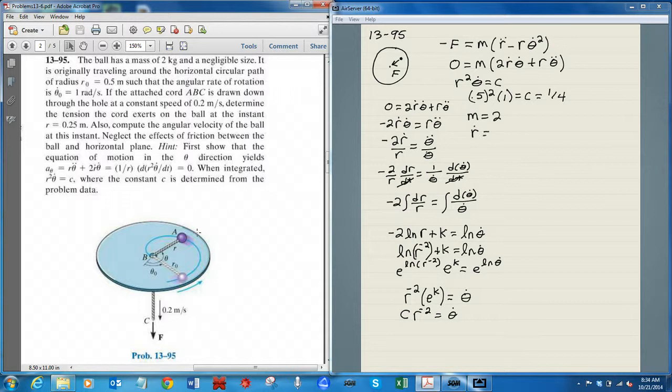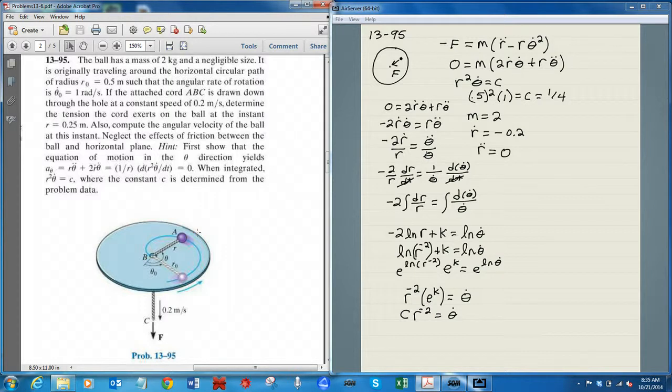Now the only thing that's left is we need to find out what is the theta dot. And we have a formula for that. r squared theta dot equals a constant. We know what the constant is, so all we do is plug in the value that we have. So we're interested in theta dot when r equals 0.25. So let's write that down: r equals 0.25.